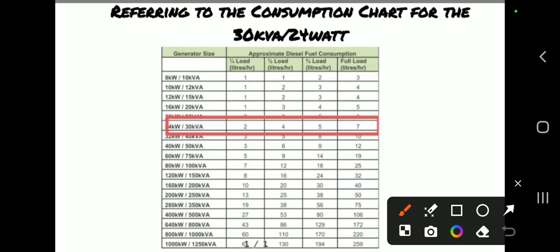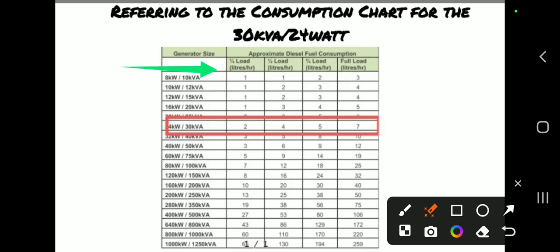If we look up to this place, we'll see that this is 1/4, which is 25% loading, this is half, 50% loading, and this is 75%, as earlier mentioned in the previous slide.